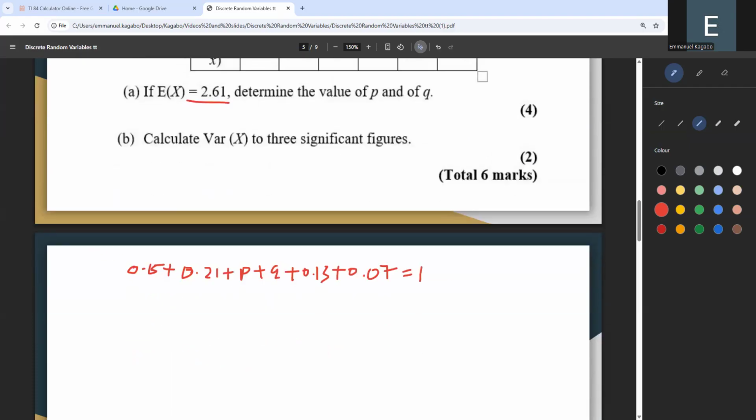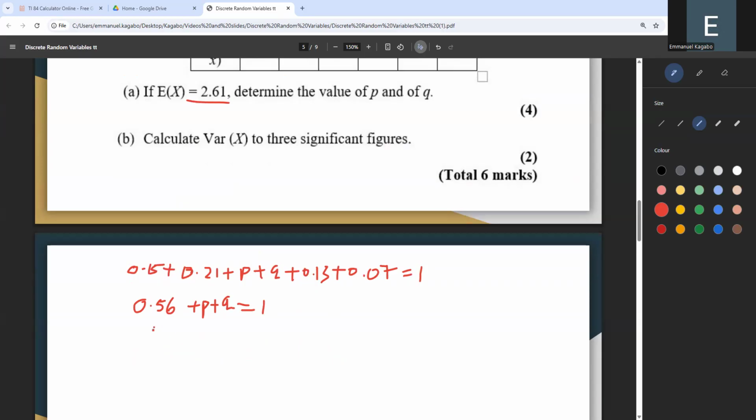So can we add 0.15 plus 0.21 plus 0.13 plus 0.07? What are you going to get? Use your calculator, guys, and confirm that. You're going to have 0.56 plus P plus Q should be equal to 1.